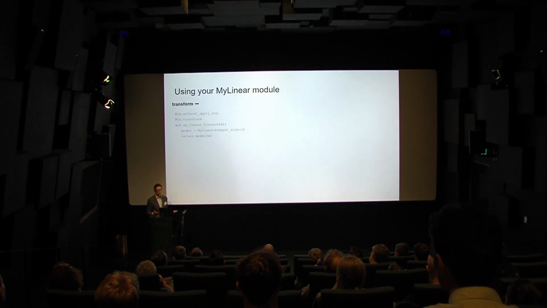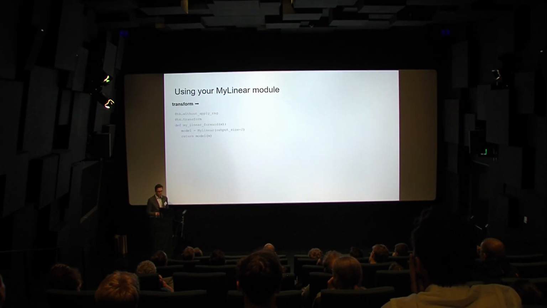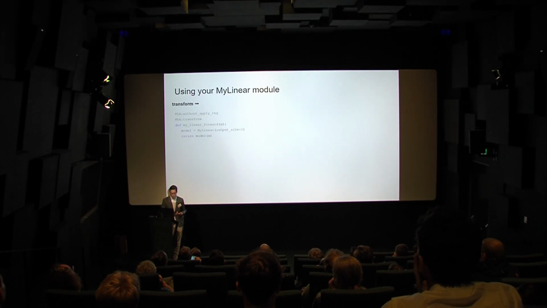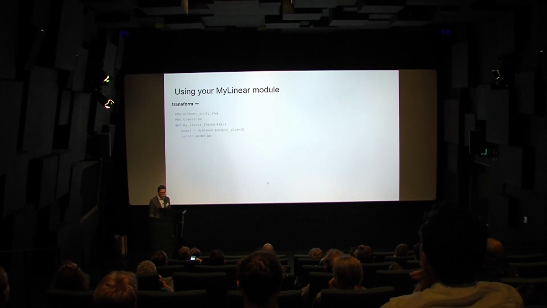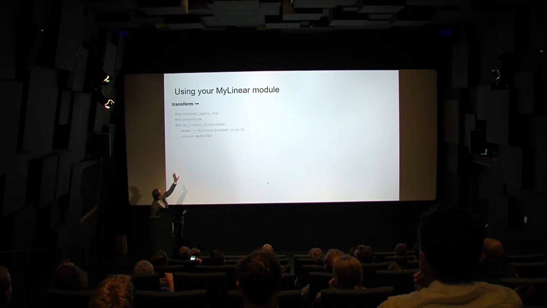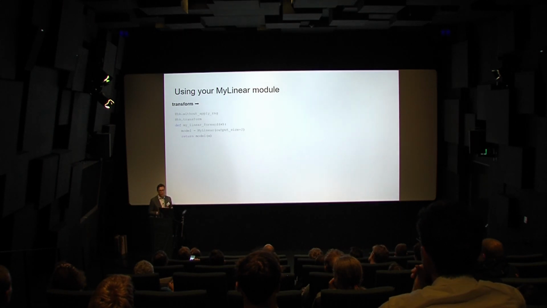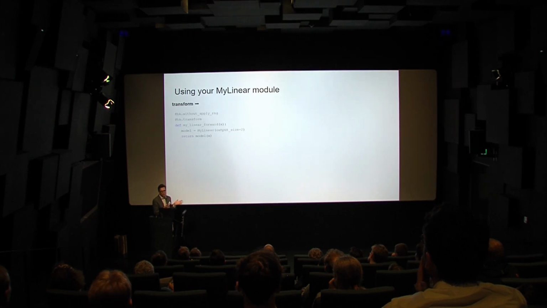Well, then how do we use it? Yeah, the three steps I told you before: the transform, the init, and the apply. So first you transform it using the decorator haiku.transform. And then we also add the decorator without_apply_rng, because the linear transformation is deterministic, so we don't need random numbers.